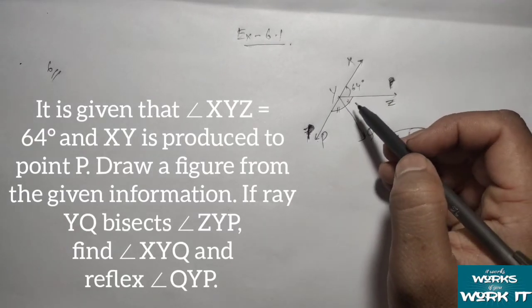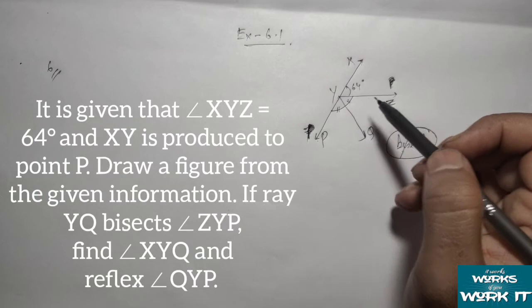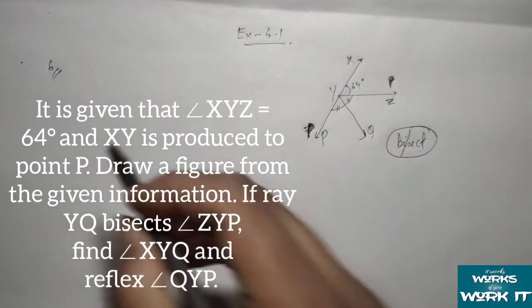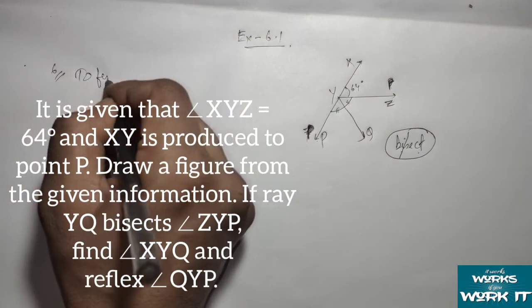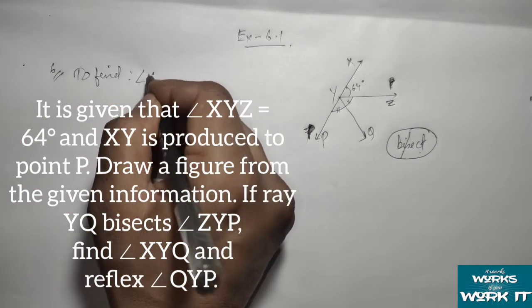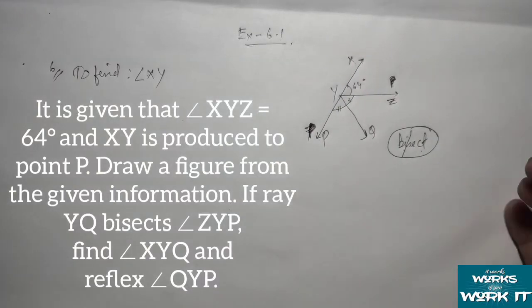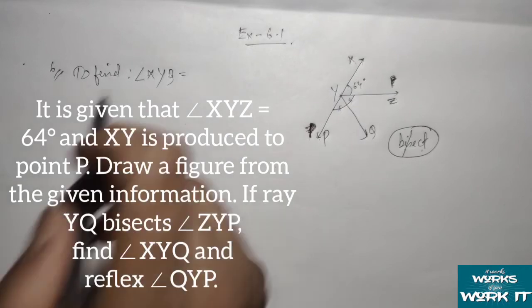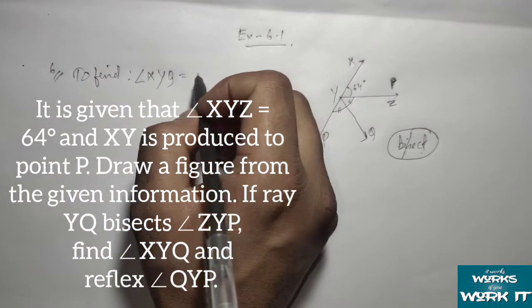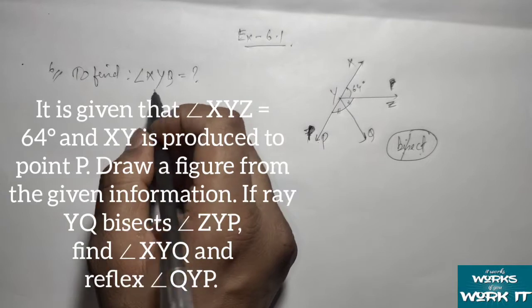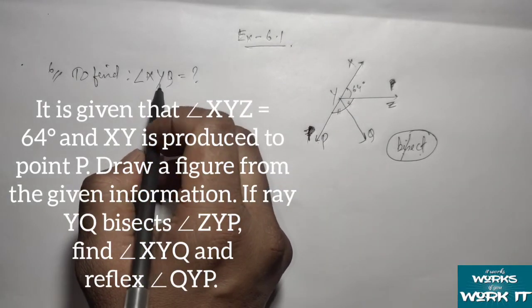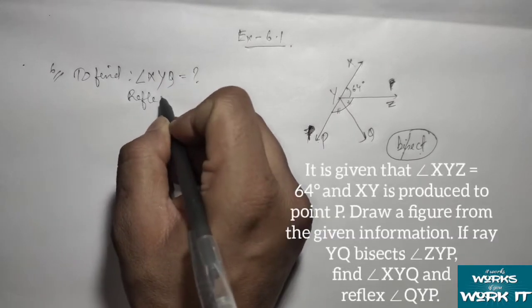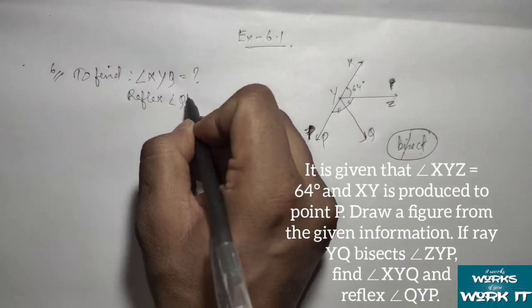So what we need to find out? We need to find out angle XYQ, this whole angle. Then after that, we need the reflex angle QYP.